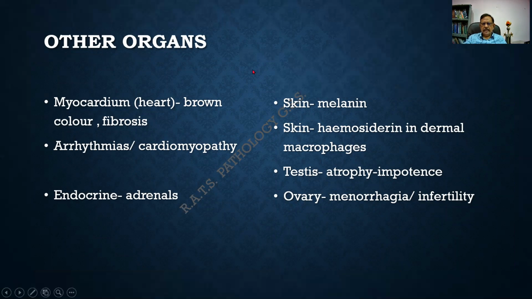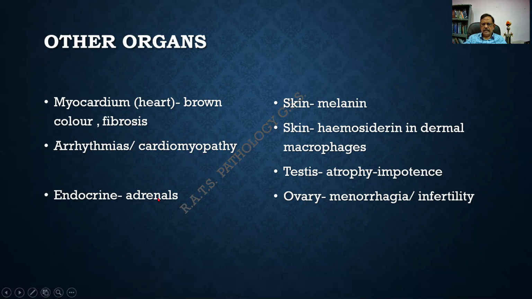What are the other organs that are involved? Myocardium, heart. It becomes brown in color, that can be fibrosis. Whenever something is deposited in the heart, it can affect the conducting system. Therefore, the patient can go in for an arrhythmia, a cardiac arrhythmia. Sometimes there is a flabby muscle cardiomyopathy.